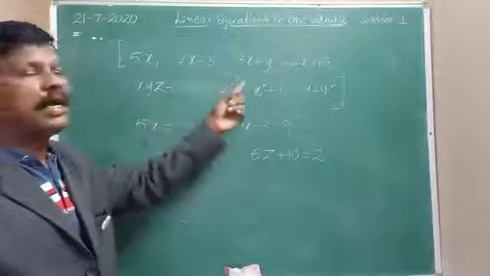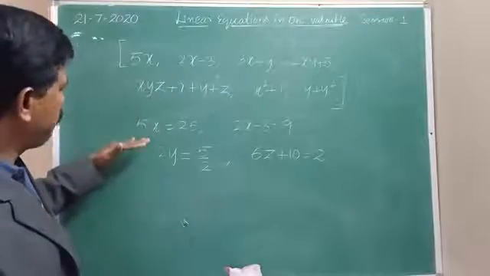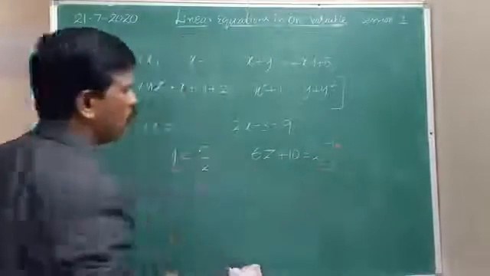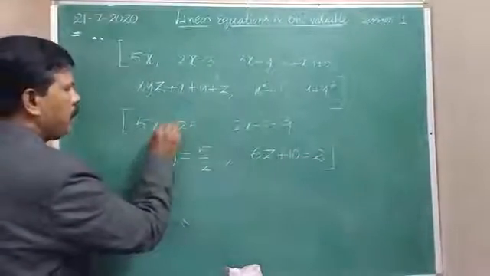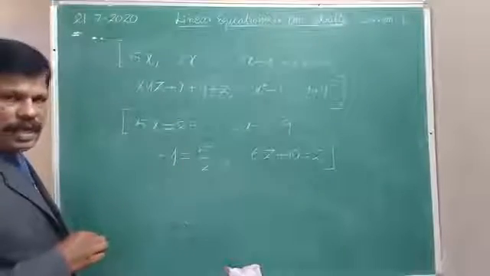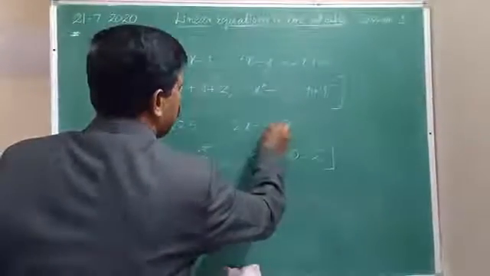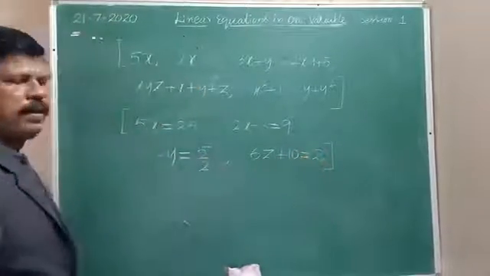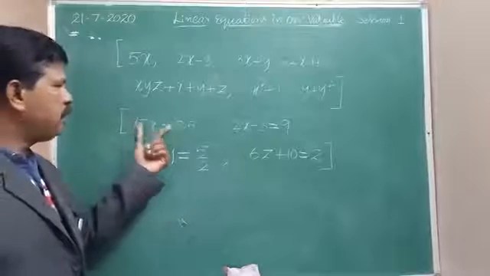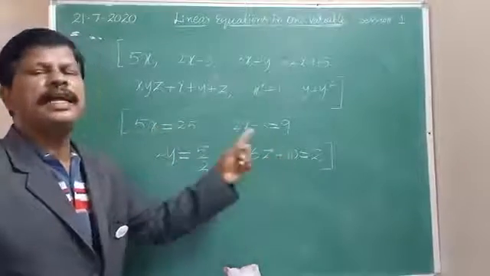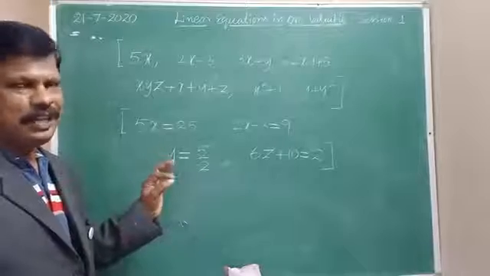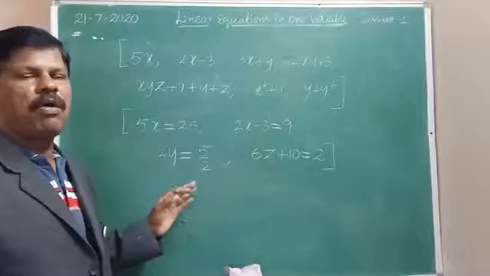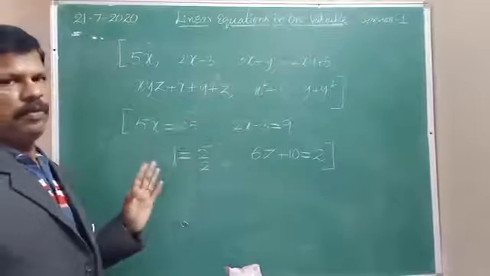Coming to this part, in this group, there is an equal symbol. See, here is an equal symbol, here is an equal symbol, here is an equal symbol. So, an expression with an equal symbol is called an equation. See, 1, 2, 3, 4. These four are called equations. Okay.